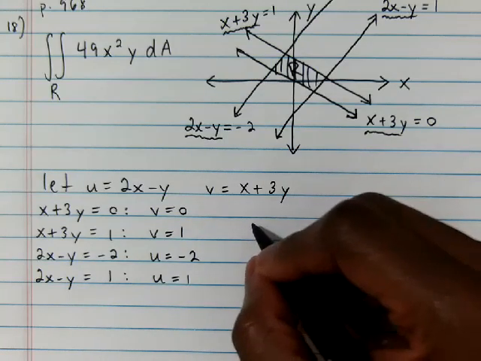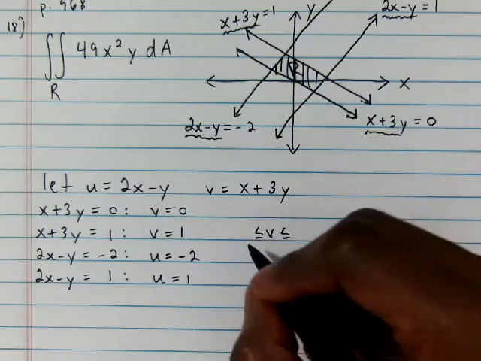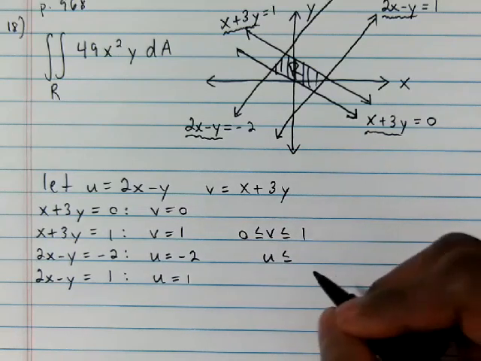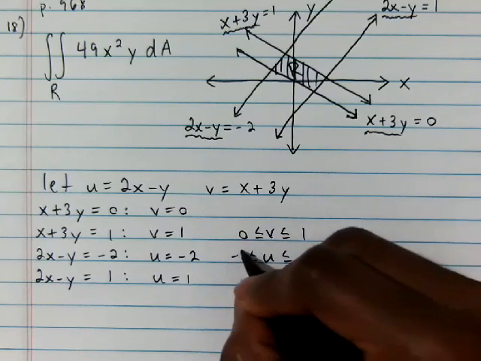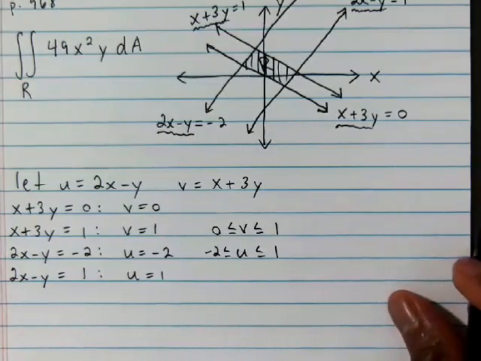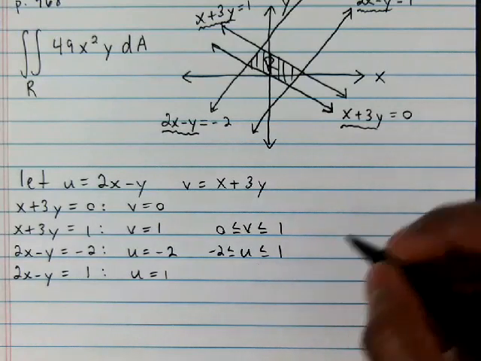So the bounds for u and v are v varies between 0 and 1, and u varies between negative 2 and 1. So now we sketch that region in the UV plane. Negative 2 and 1, okay.